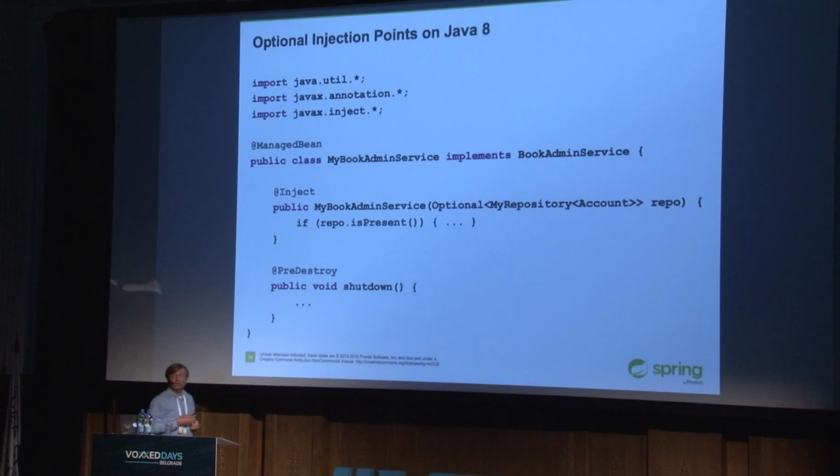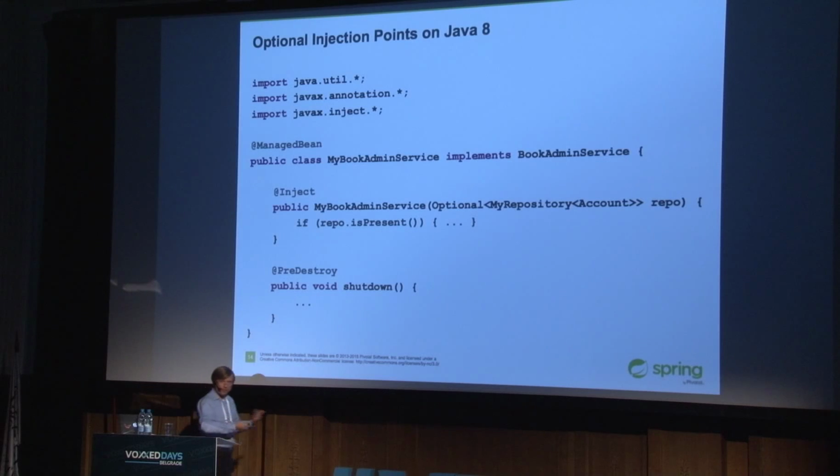Well, that's Java util optional, right? Java 8's optional type. So we auto-detect that that's what you're declaring, and we automatically give you an optional handle for it. So nothing to do on your side, just declaring optional, and you get either an optional wrapping the actual reference, or you get an optional empty instance. And you can take it from there.